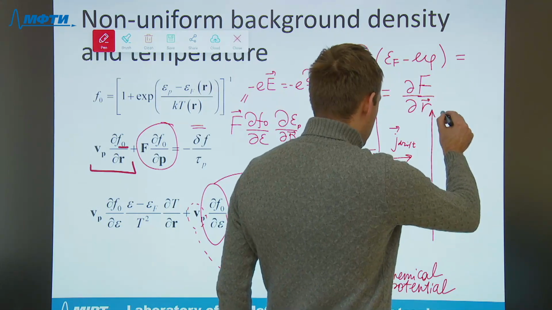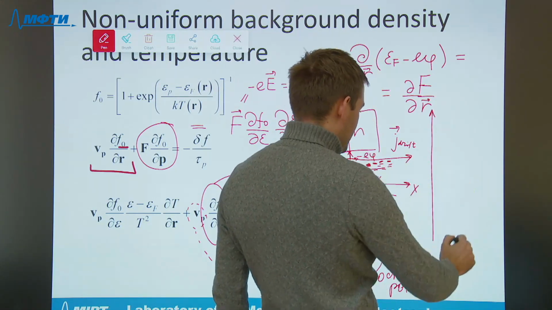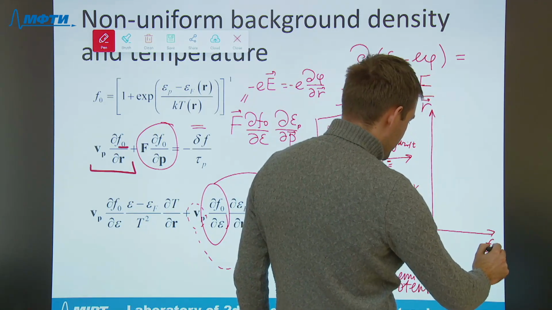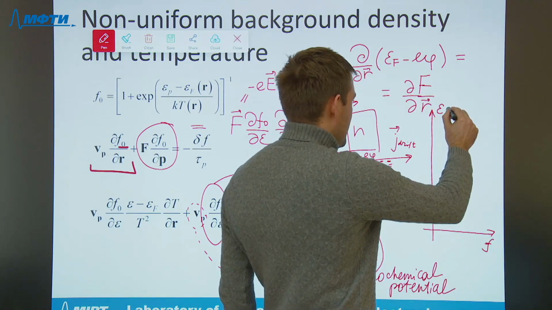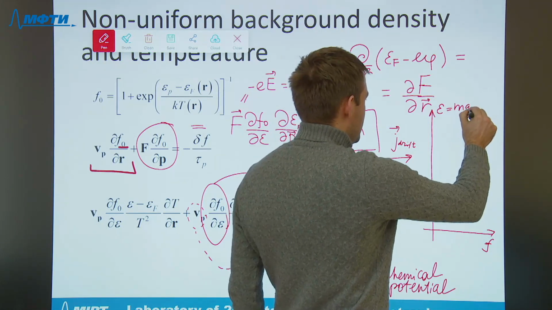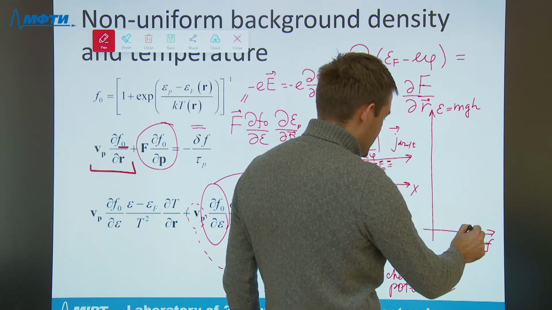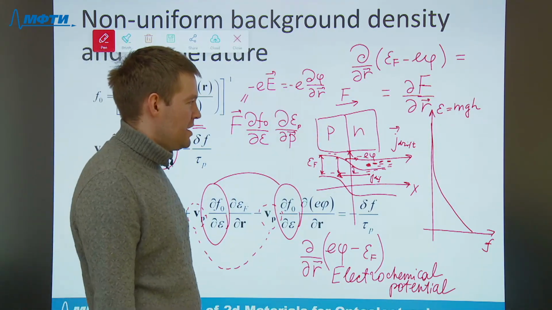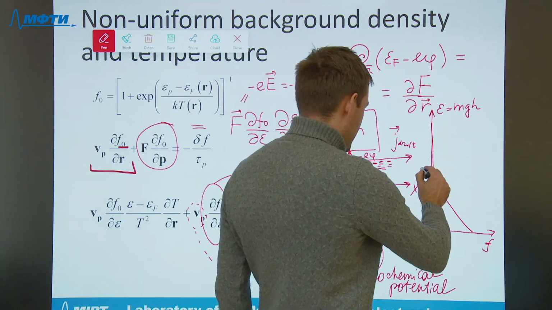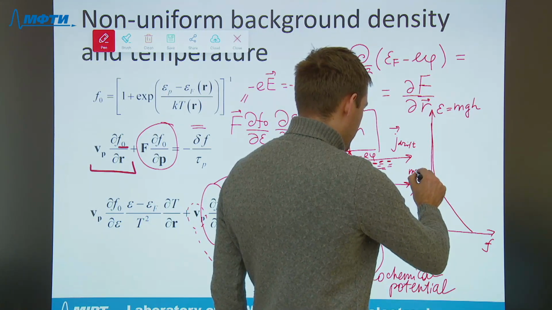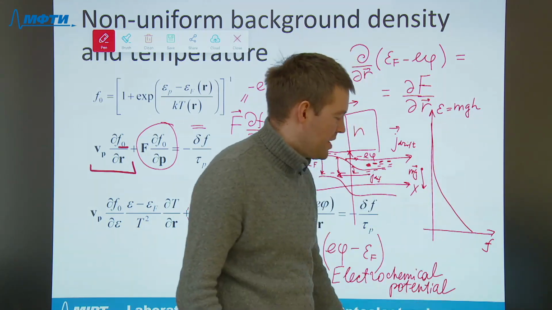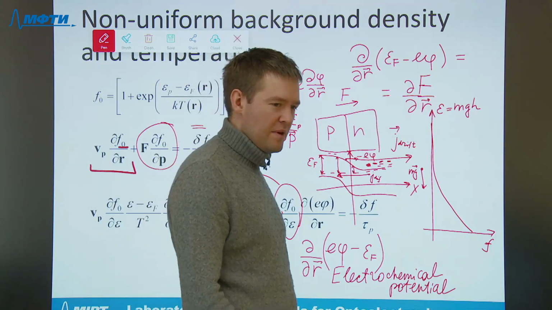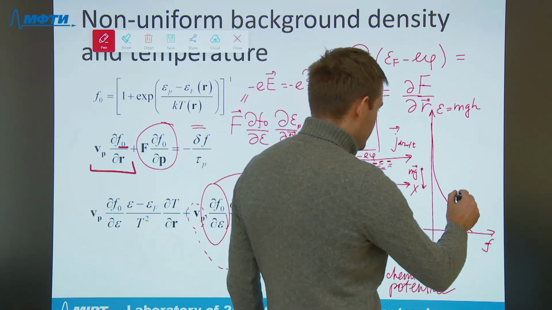So if you plot the distribution function of molecules with respect to energy, which is nothing but mgh, then it would be a decaying exponential. It will be a Boltzmann distribution function. So we have mg force acting downwards, but we have lower and lower density of molecules as we go up in the atmosphere.